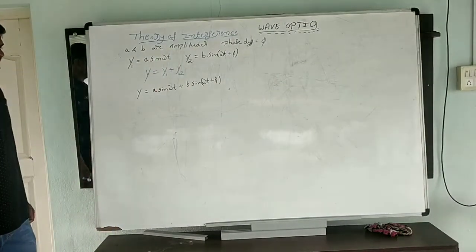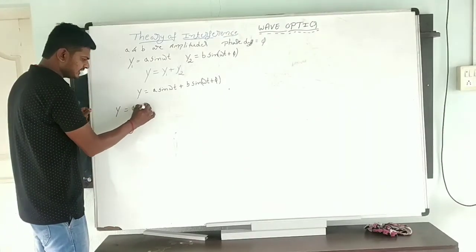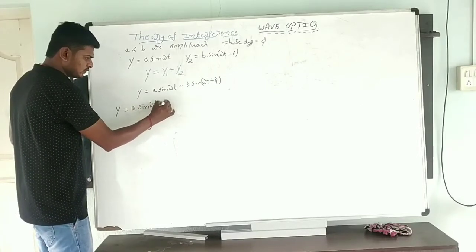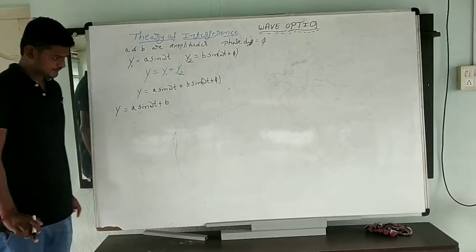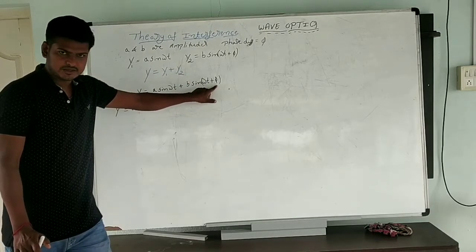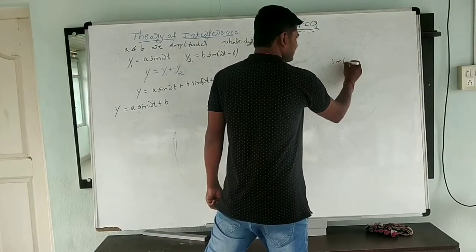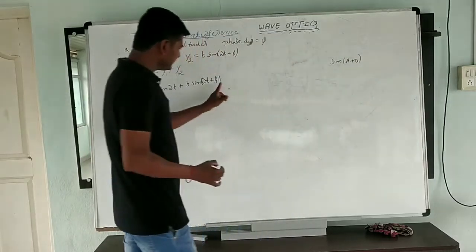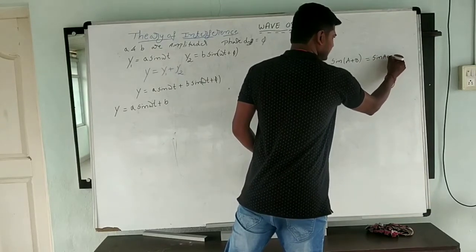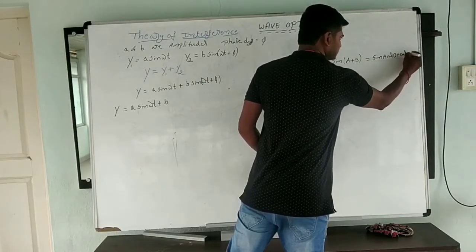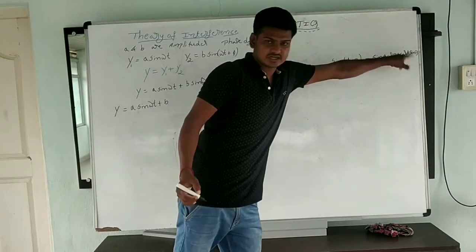Taking B outside, keep in mind that sin (omega t plus phi) is of the form sin of A plus B. What is sin of A plus B? Sin A cos B plus cos A sin B.